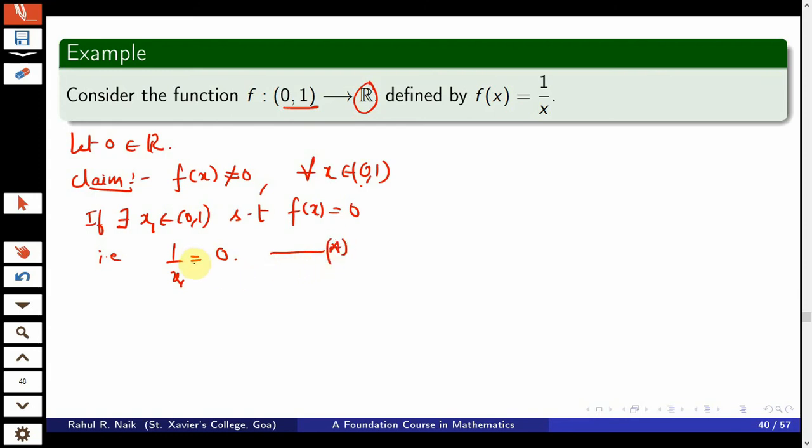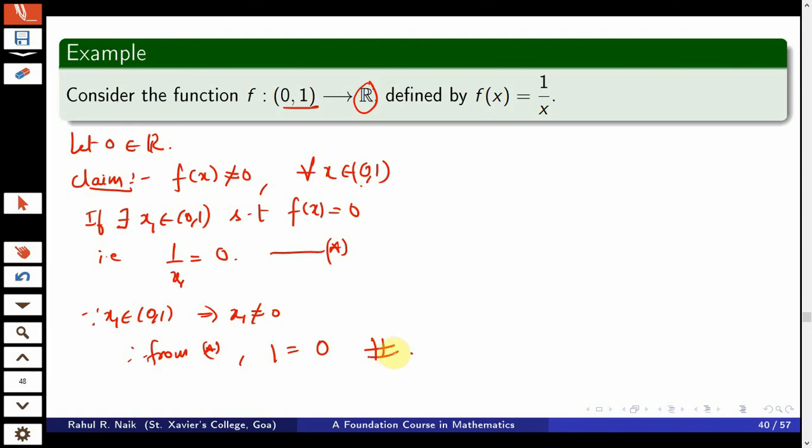Now, I can multiply throughout by x1 provided x1 is non-zero, and since x1 belongs to (0, 1), this implies that x1 is non-zero. In fact, it is strictly greater than 0. Therefore, from star, multiplying by x1 throughout, we have 1 is equal to 0, and that is a contradiction.